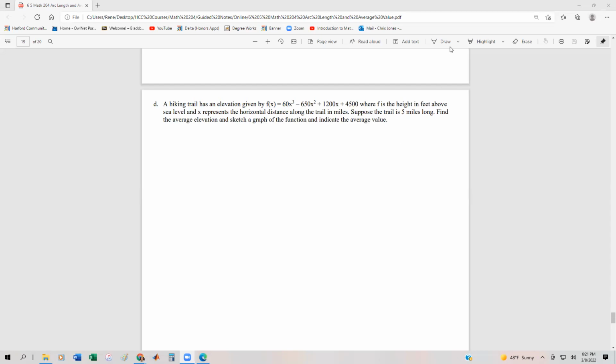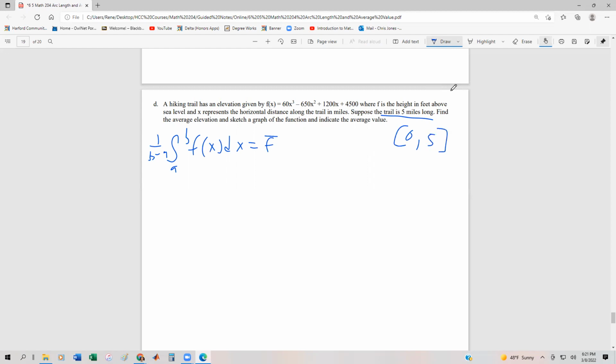This is actually a pretty easy sort of problem to set up. First of all, we know that we're going to have our formula 1 over b minus a, integral from a to b of f of x dx, and that's equal to our average value. Now, in this case, the trail is 5 miles long. So if we start from an initial point 0, the terminal point would be after 5 miles.